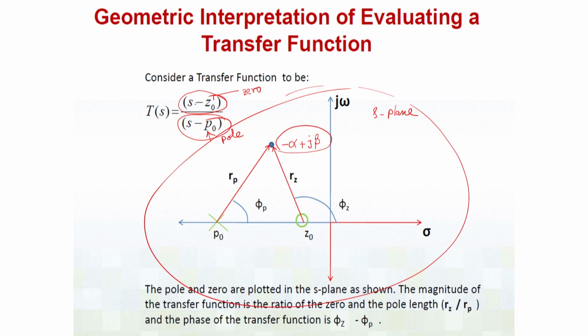I can put this in the transfer function. So, I can write the value of the transfer function at s equals minus alpha plus j beta as simply (minus alpha plus j beta minus z0) divided by (minus alpha plus j beta minus p0).